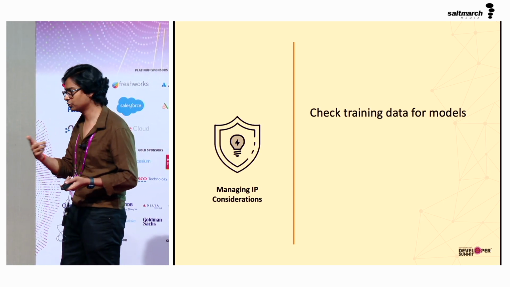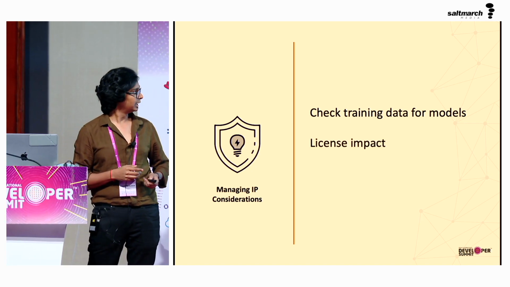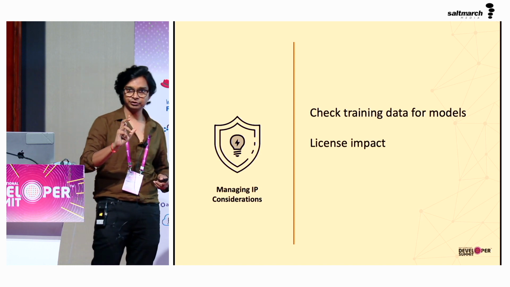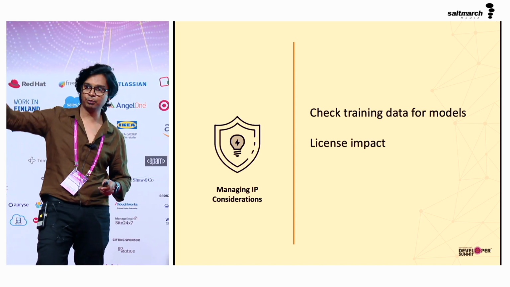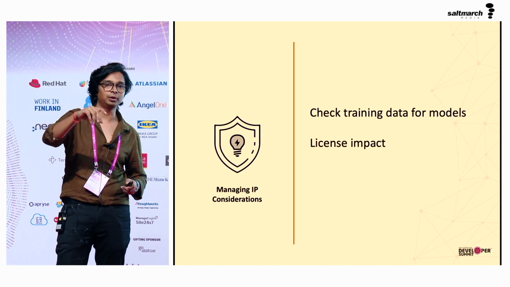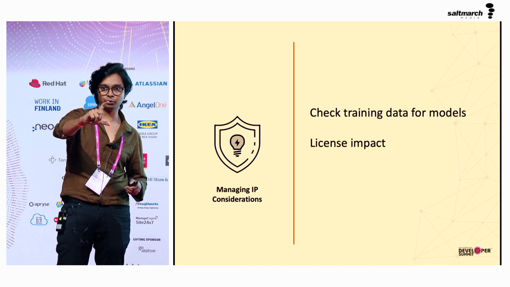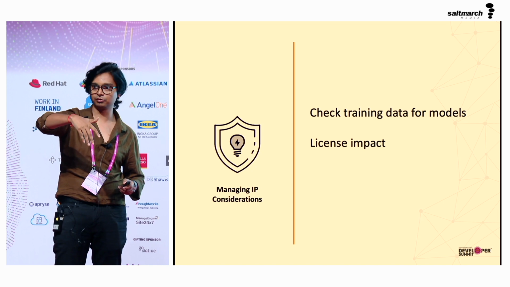So you have to check and make sure that the model you're using, what data was used, and what is the impact of using the generated code. For example, imagine you have a proprietary code base and your team member used a GenAI tool and created one piece of code. And that piece of code is coming from these open source models.